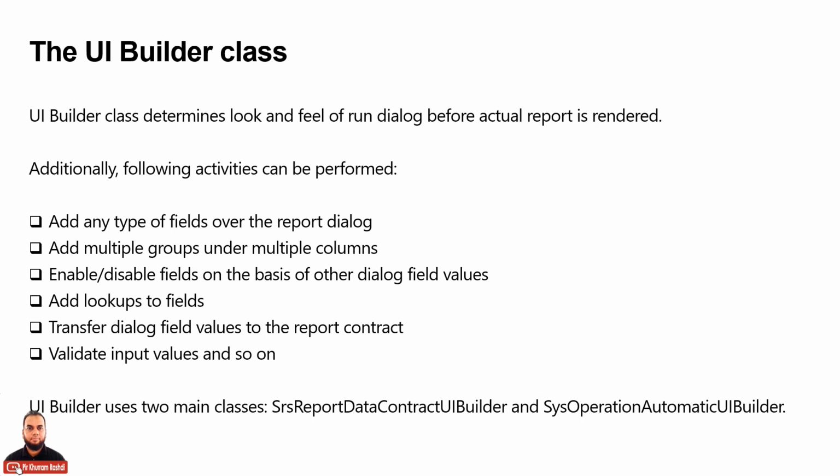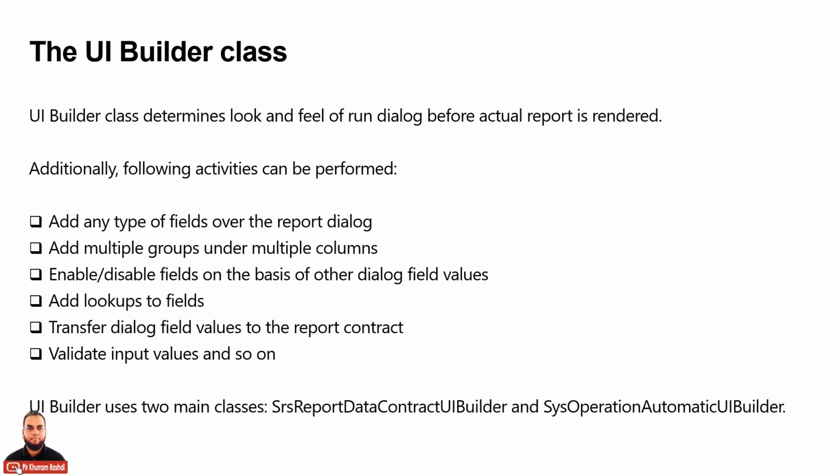Adding multiple groups under multiple columns is also possible. Definitely multiple fields can be under a single group, and if you want to group those fields, that is also possible. Enabling and disabling fields on the basis of another dialog field value is also possible.